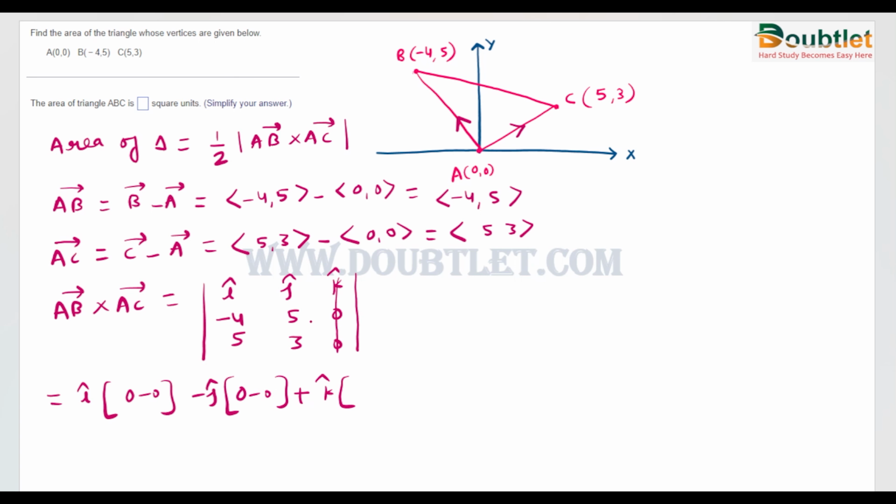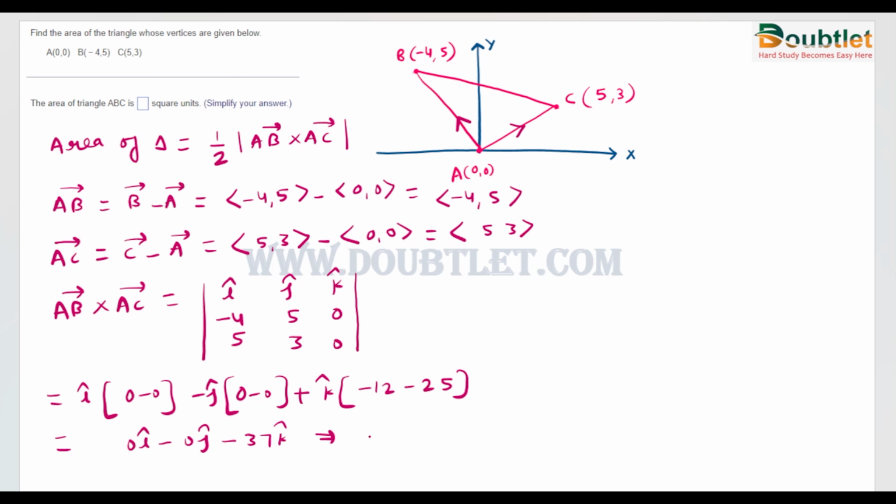We need to leave this column and this row, then find the multiplication of this minus this. So we can write this as -12 minus 25. So we can write this as 0i minus 0j minus 37k.